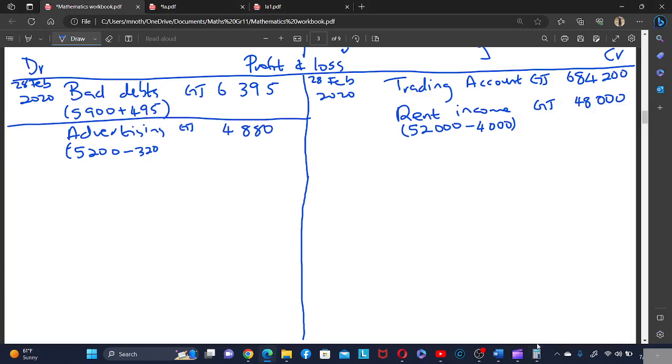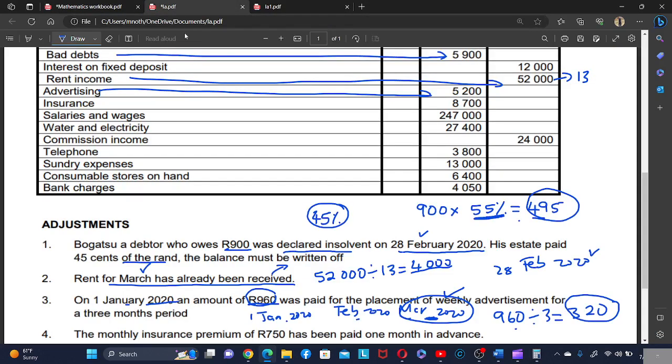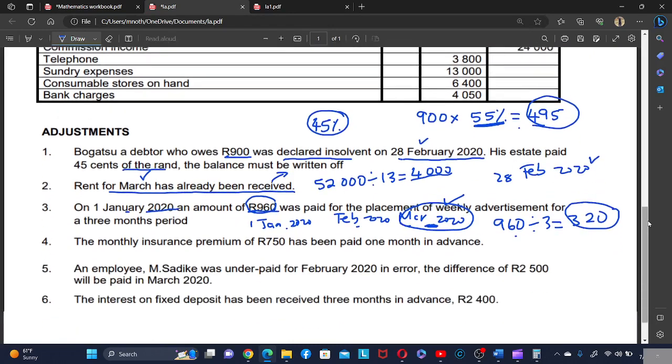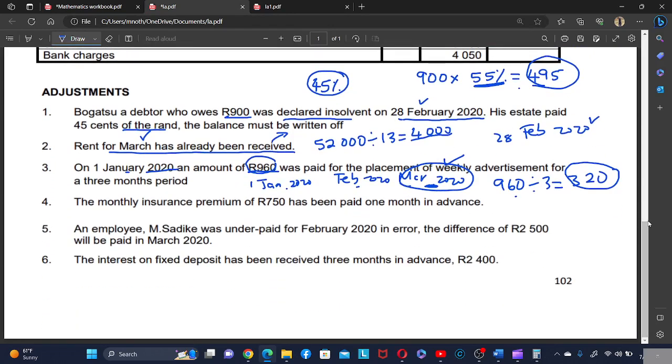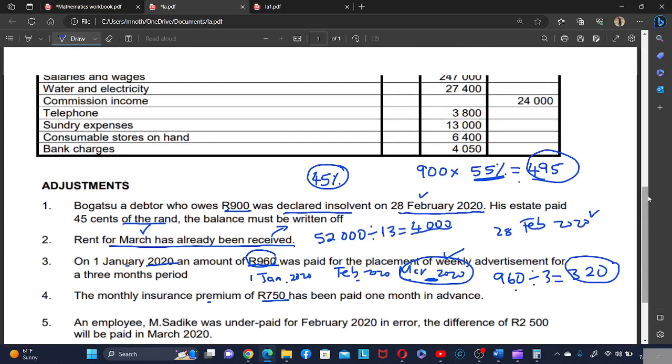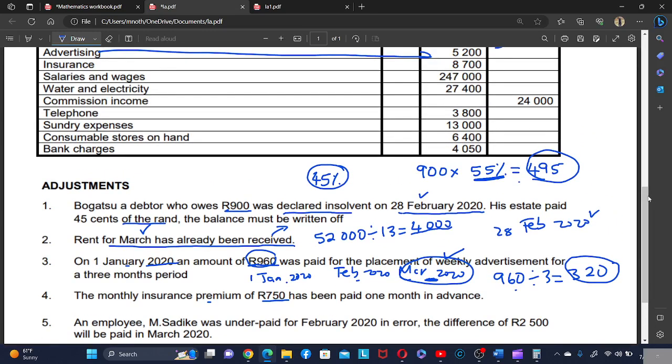Okay, now number 4, the monthly insurance premium of 750 has been paid 1 month in advance. So we are told that we paid the insurance for 1 month in advance, and that the insurance premium is 750 per month.